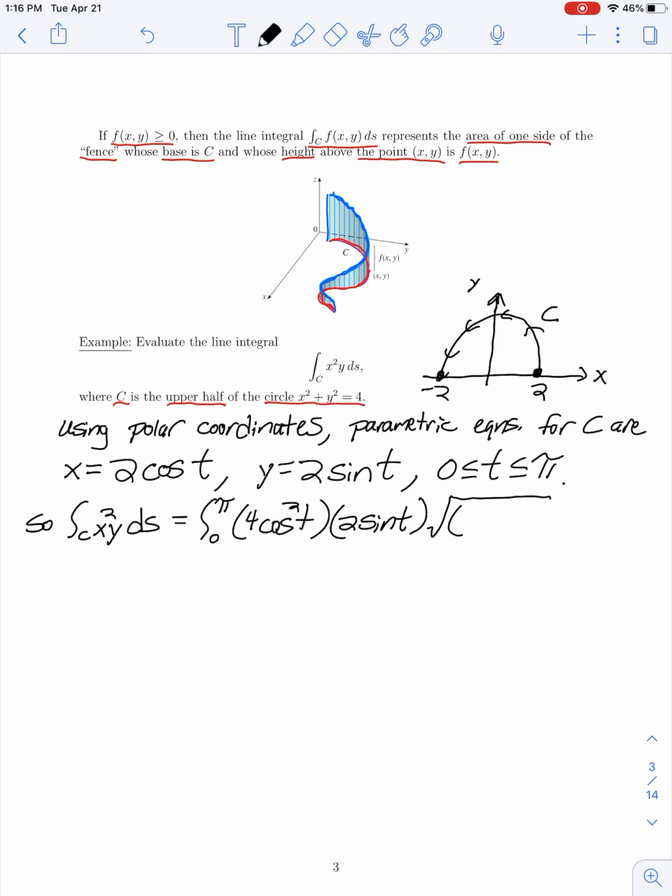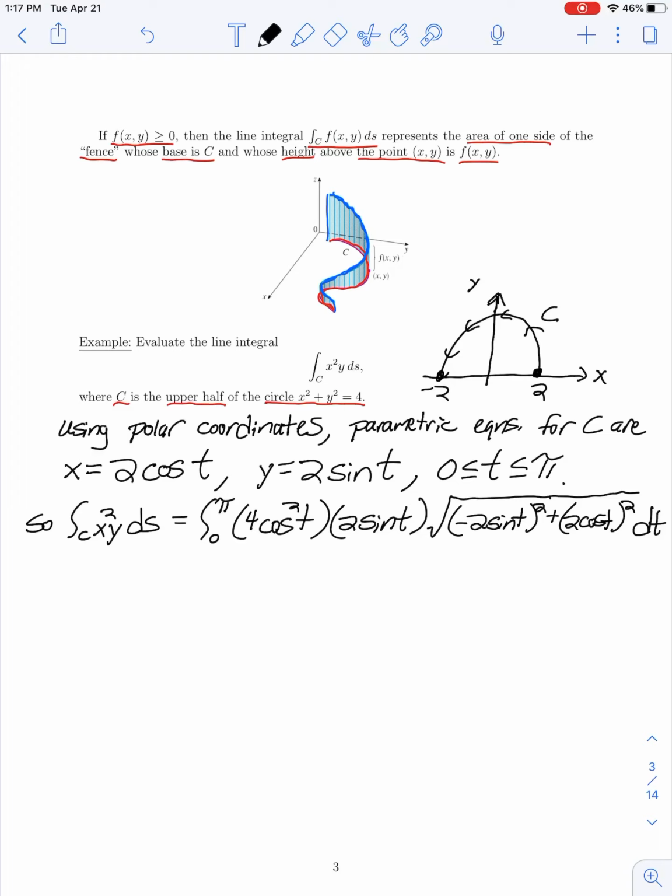So here, the derivative of x is negative 2 sine t. We're squaring that quantity, then adding the derivative of y, 2 cosine t, squared, all under the square root, times the differential dt.